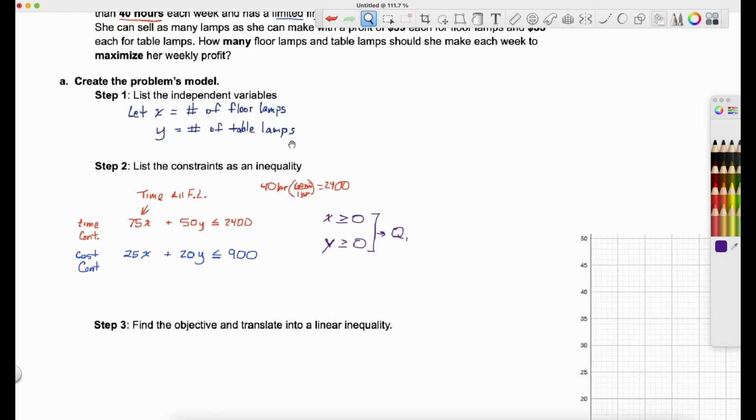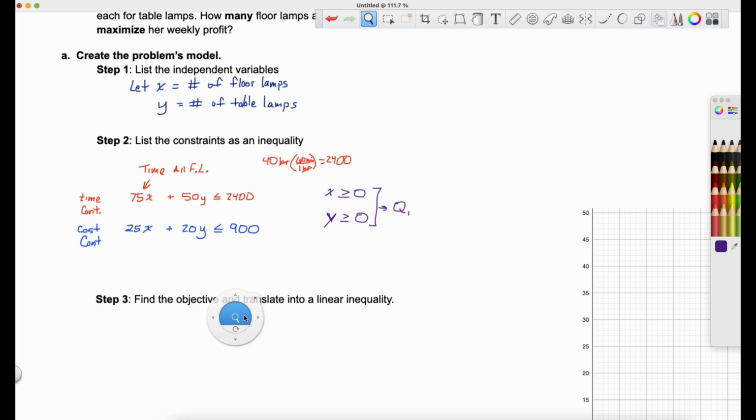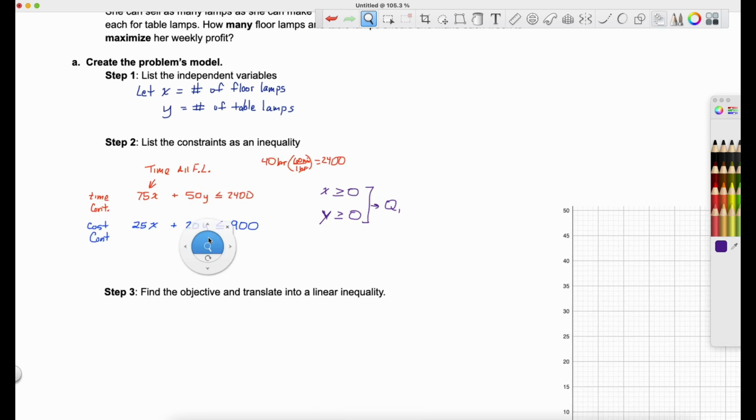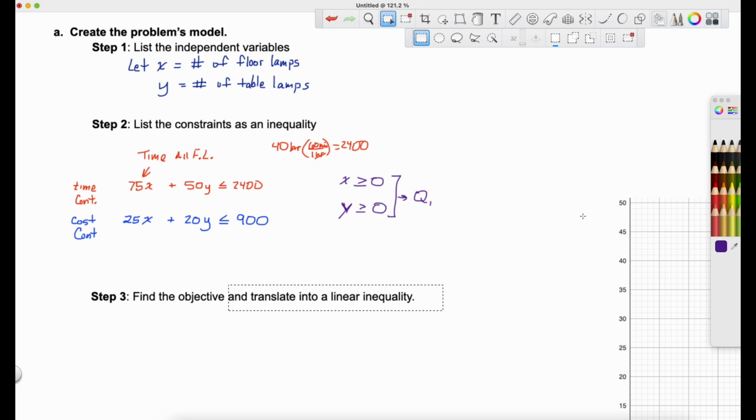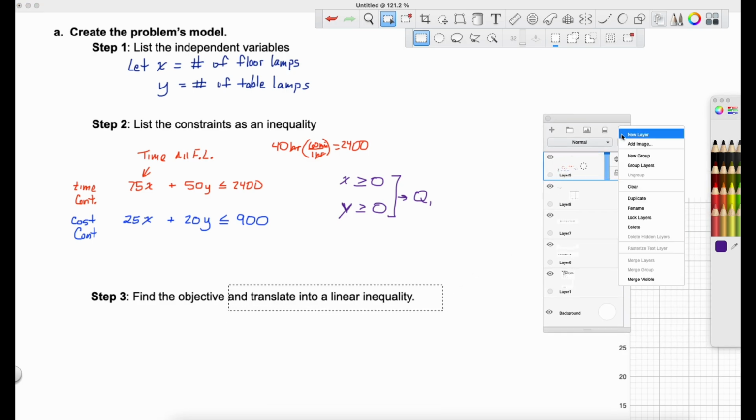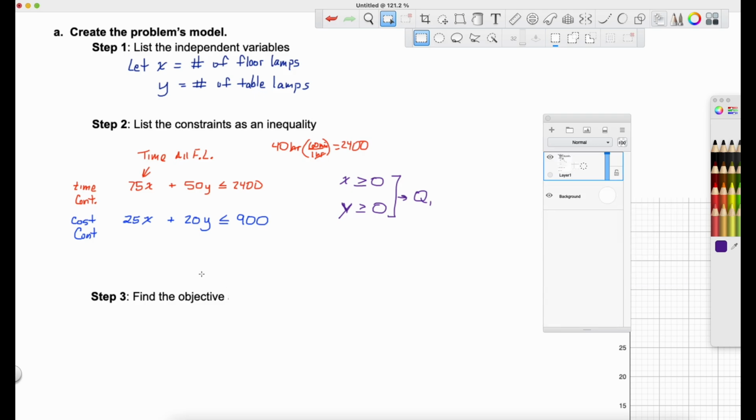So we got our constraints, and we need to find the objective here. I think I've already got that. We're just going to be looking for our objective function here. I already have our linear inequalities up here.